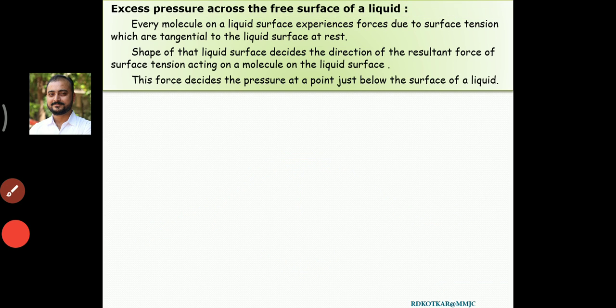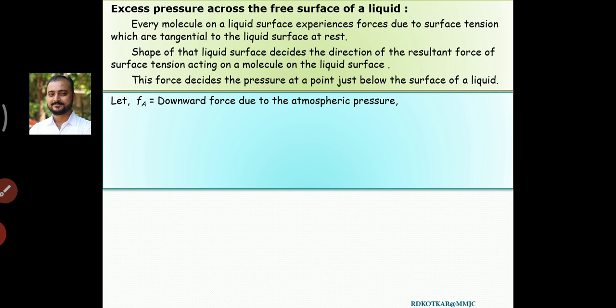Using this resultant force, you can also decide the pressure at a point just below the surface of the liquid. Actually, all these things we have to verify in our next subtopics.